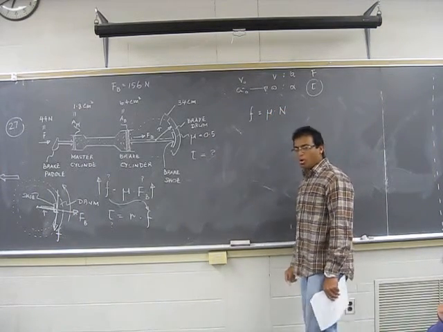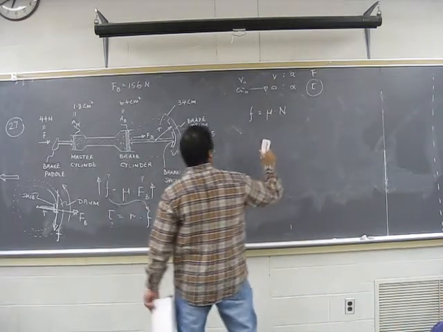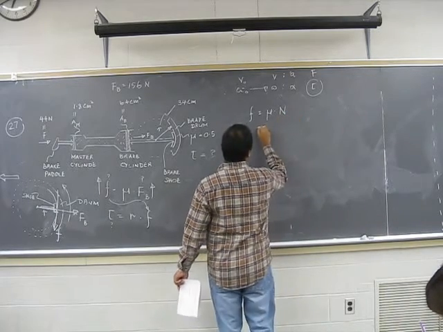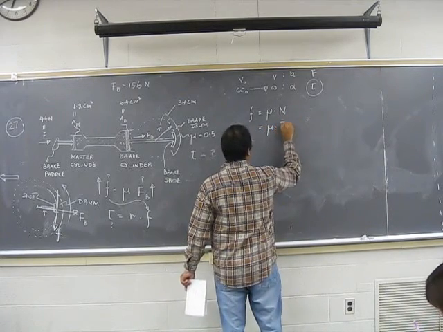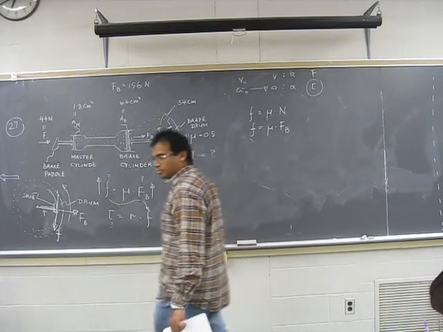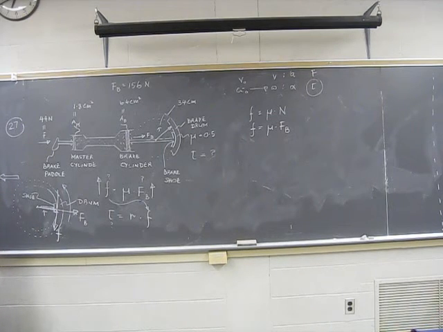Okay? Now focus very carefully. These steps are very easy. The first one is the hardest one, but let's focus. So if I write with the symbols I have, that would be mu times FB, and this is my frictional force.